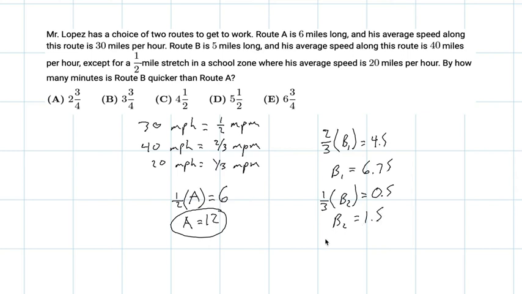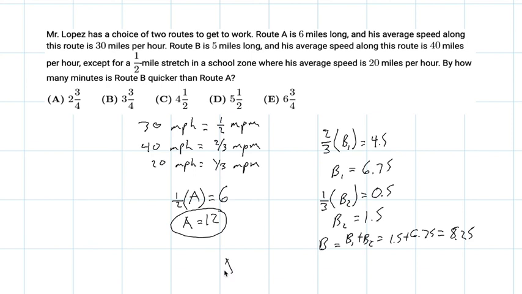So B, which is the number of minutes in route B, is just B1 plus B2, which is going to be 1.5 plus 6.75, and that is equal to 8.25.